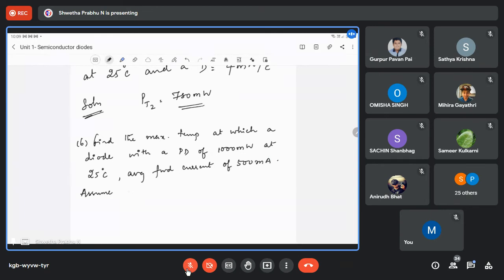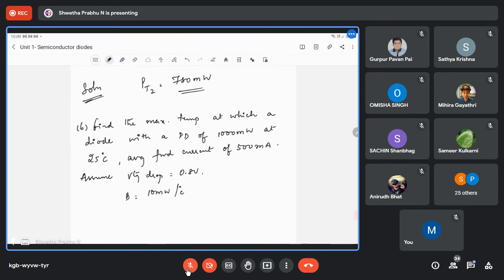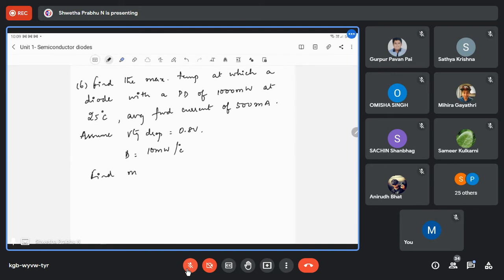Assume the forward voltage drop is equal to 0.8 volts, derating factor 10 milliwatt per degree centigrade. Find the maximum current at 75 degrees Celsius. Solve this.